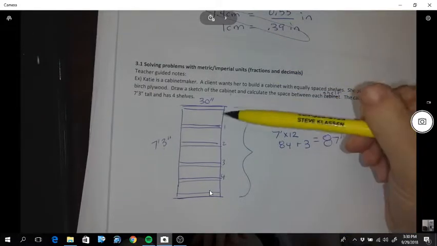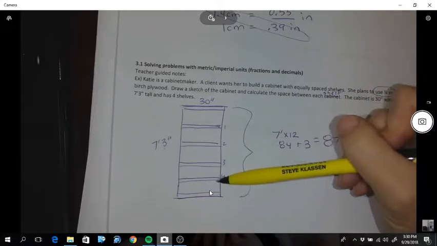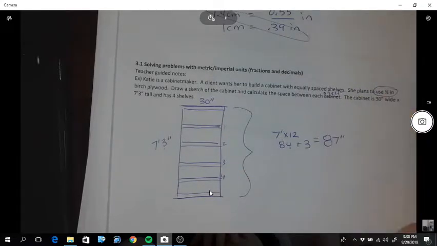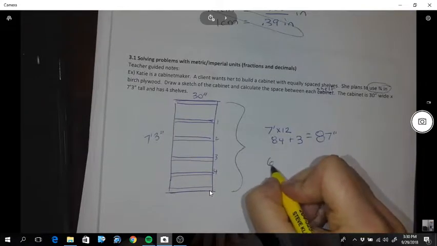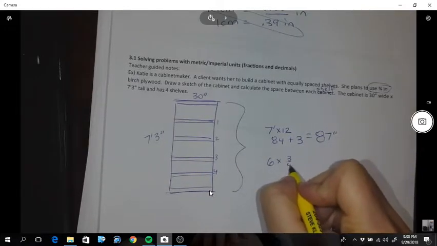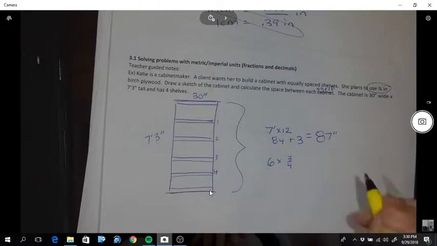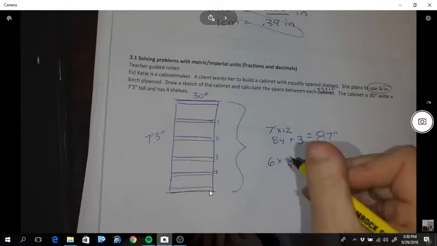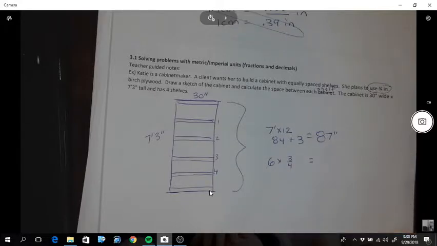Okay, on that height I lose 1, 2, 3, 4, 5, 6 shelves that are 3/4 inch. So let's figure out what 6 shelves at 3/4 inch is for total inches. Okay, so in my calculator I have 2 things I can do.